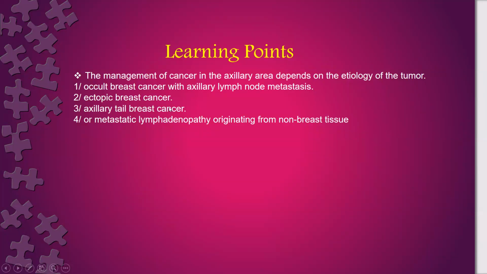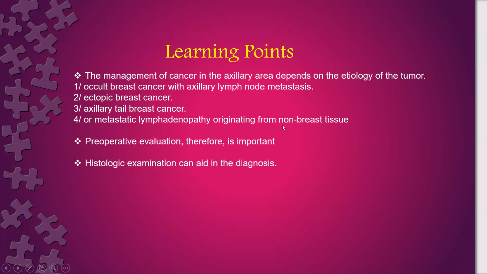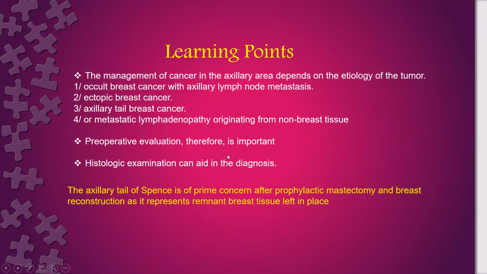Or it is an ectopic breast cancer, or an axillary tail breast cancer, or metastatic adenopathy originating from non-breast tissue. These are the differential diagnoses, and it is important to explain which is which. Preoperative imaging evaluation is important, and histologic evaluation can aid in the diagnosis. But sometimes it is challenging, and radiology-pathology correlation can help.